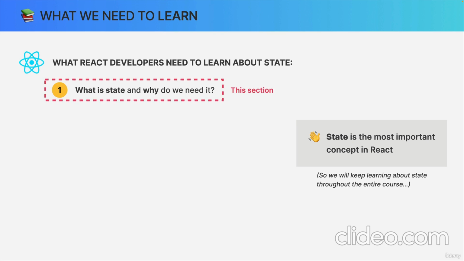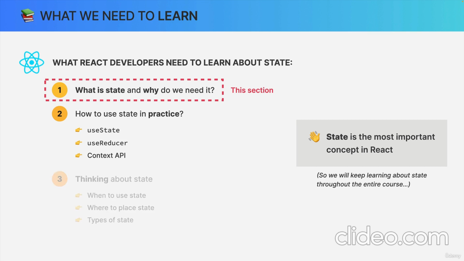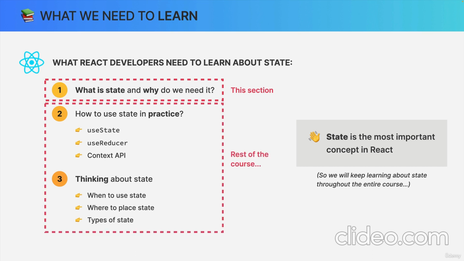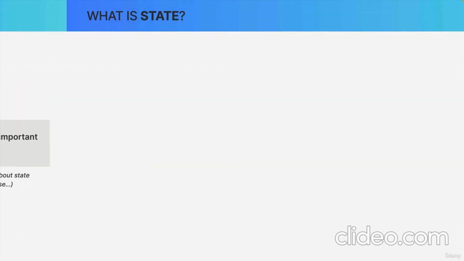Then we need to learn how to actually use state in practice using the useState or useReducer hooks, the context API, or even external tools like Redux. We will also need to deeply understand how to think about state in React. And so these are topics for future sections. Okay, and with this out of the way, we're now ready to learn what state actually is.